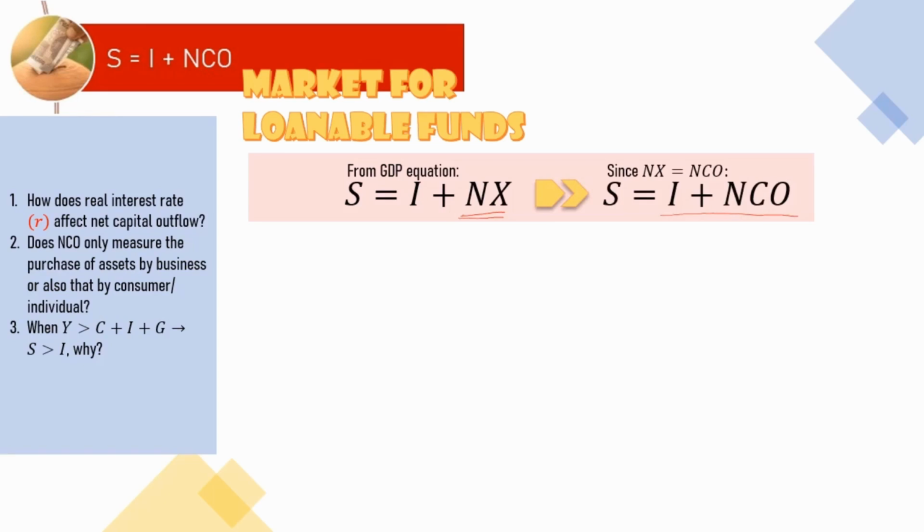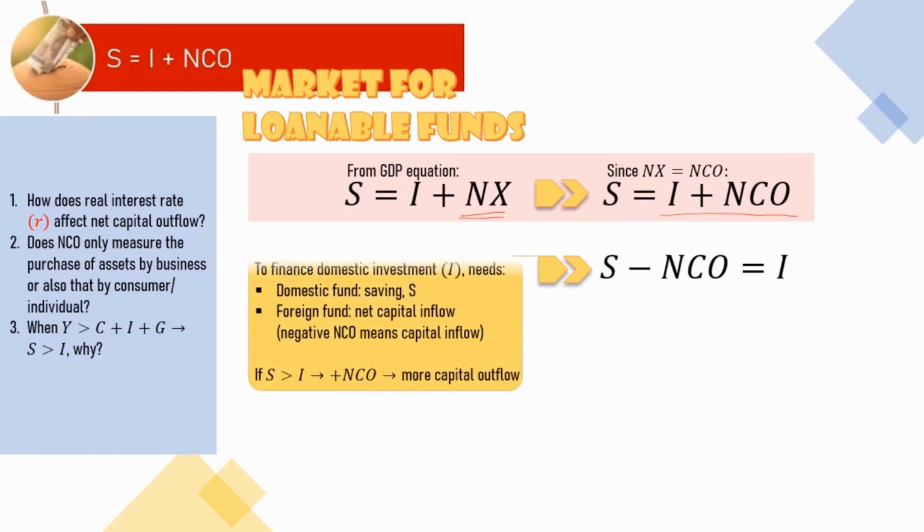If I move the net capital outflow to the left, the equation will look like this: saving minus net capital outflow equals investment. Meaning that to finance domestic investment, or I, investors may use domestic funds, that is S, domestic saving, or use foreign funds.